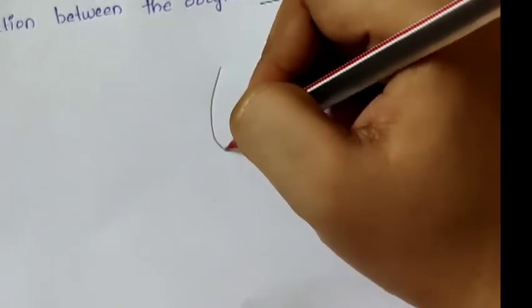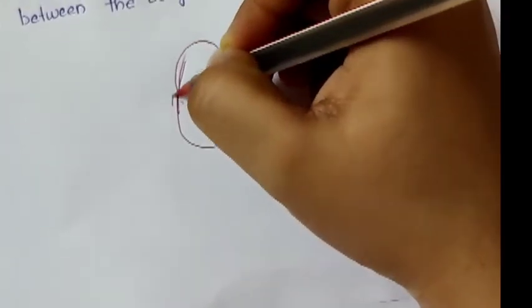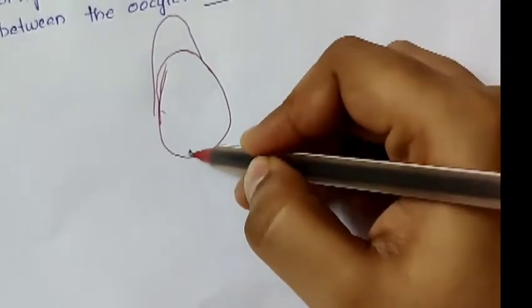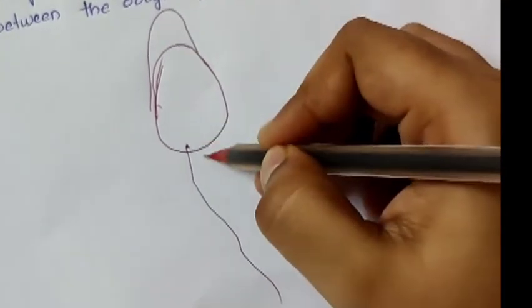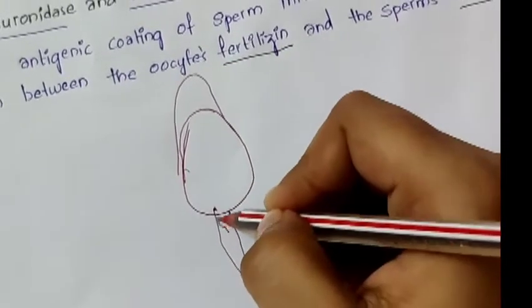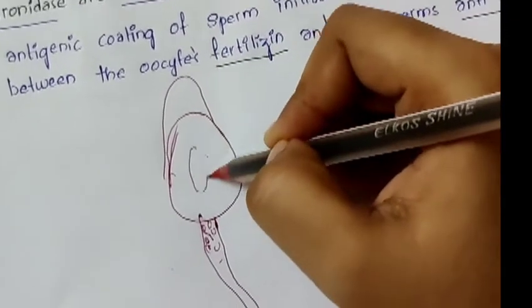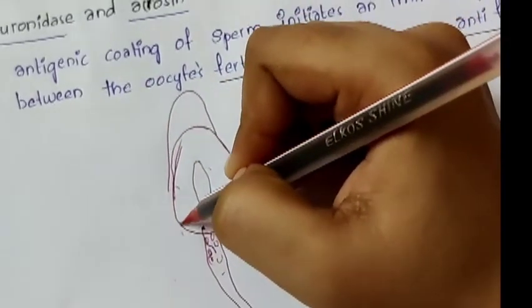Let's take this as a sperm head, and here is the acrosomal cap, and this is the neck, and this is the tail. The neck contains lots of mitochondria, and this has the nucleus, and it is covered by a membrane.